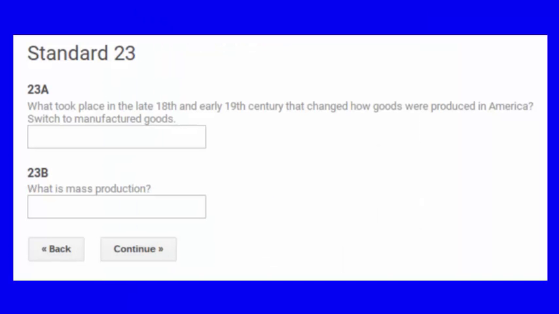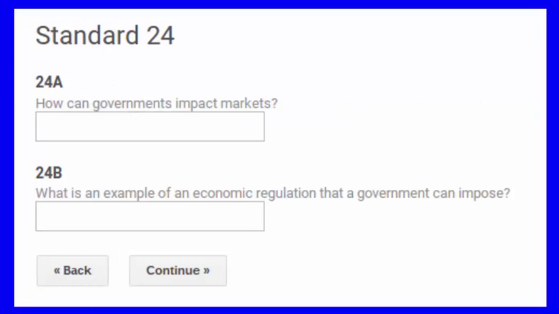Standard 23. 23A. What took place in the late 18th and early 19th century that changed how goods were produced in America? The switch to manufactured goods. 23B. What is mass production? Standard 24. 24A.